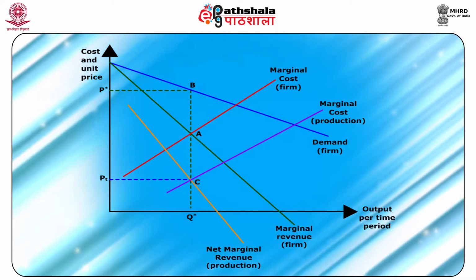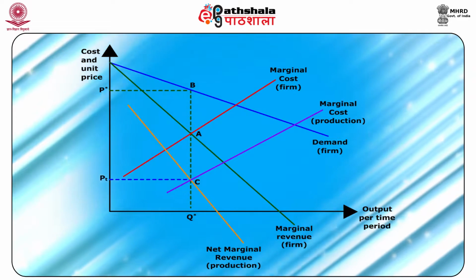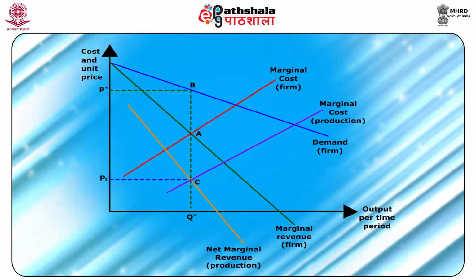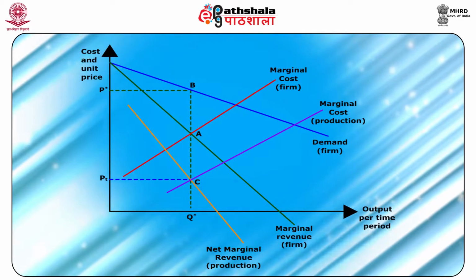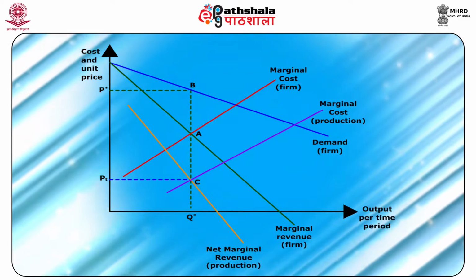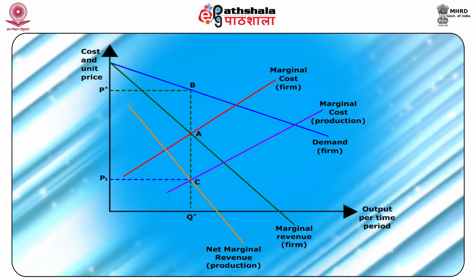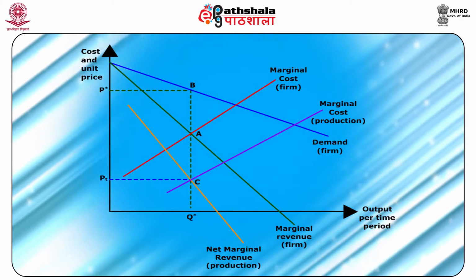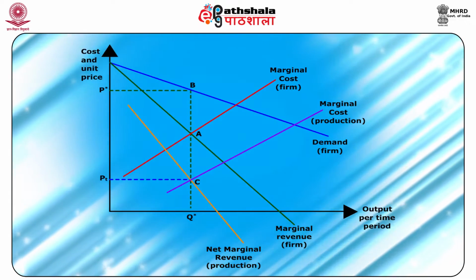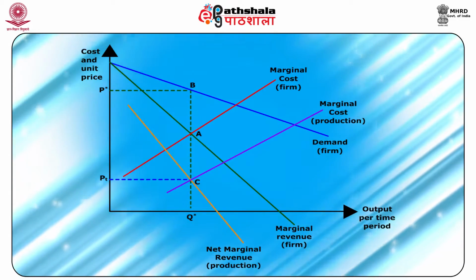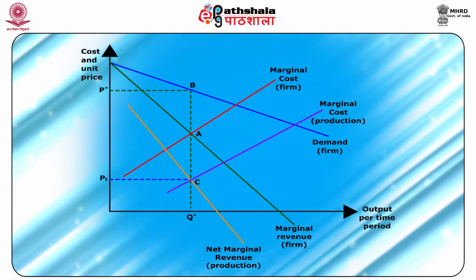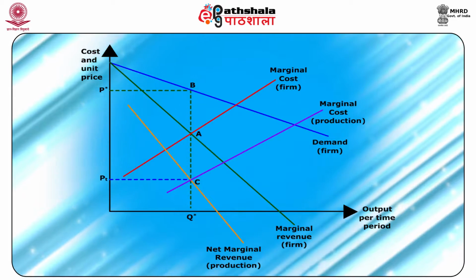Now let us consider the pricing situation. At point C, the marginal cost curve is intersecting the marginal revenue curve of production. So therefore the marginal cost curve of production, which is in blue, is intersecting the marginal revenue curve of production, which is in red, and this gives us point C, at which the price should be point PT.